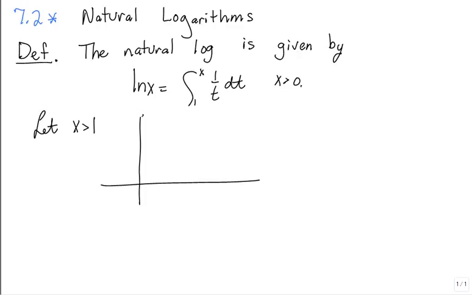let's draw the 1 over x curve. This is 1 over x. And we go from 1, oh, sorry, let me say that's 1 over t. So this is the t-axis.